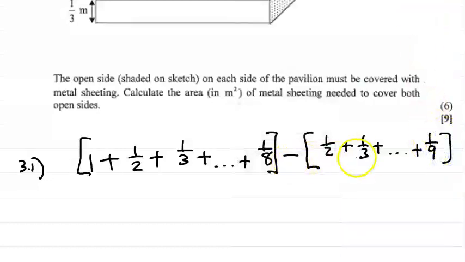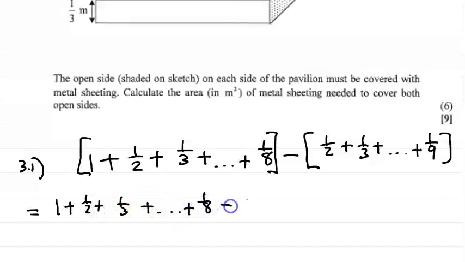So remember, now you're subtracting. So this is now going to equal 1 plus a half plus 1 over 3 plus 1 over 8 minus a half minus 1 over 3, and minus all the terms in between here, and then minus 1 over 9.